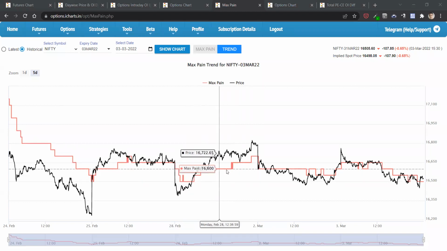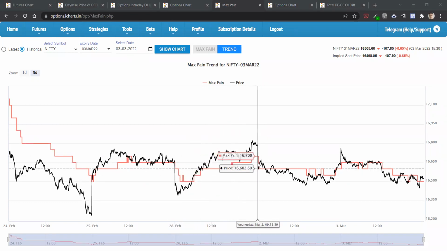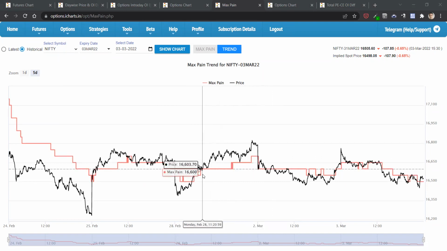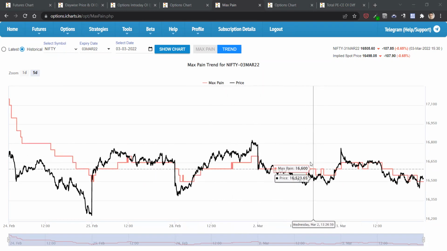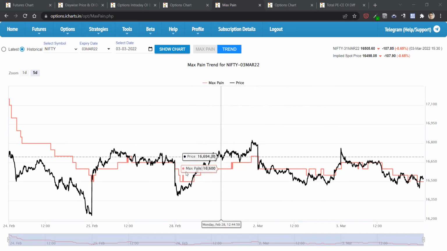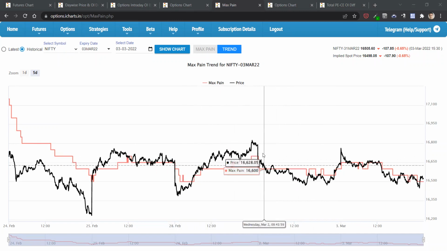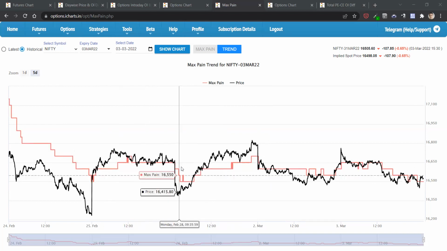Here it kept going up, and then the max pain trend started coming down. Once it changes the trend, then probably it's time to adjust to the other side. Until then, you keep adjusting on the same side. That is what people assume, and they use this as a way of adjustment for positional trades.